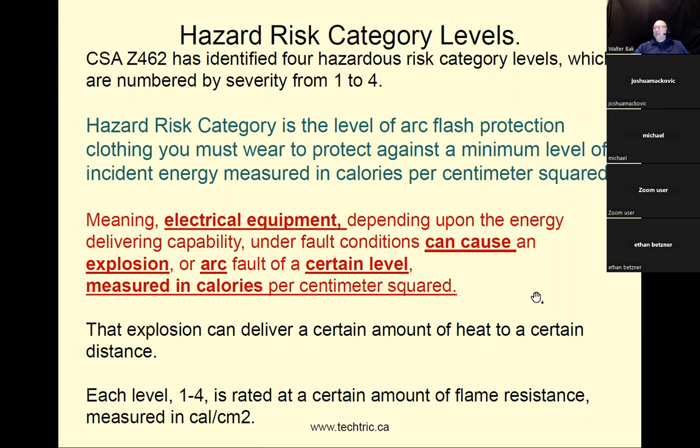So we're talking about heat delivered by the arc flash, and protective clothing that is rated at the heat delivered. So how much heat can the arc flash deliver, and how much heat can the protective clothing hold? Hopefully the PPE is going to win the situation here.